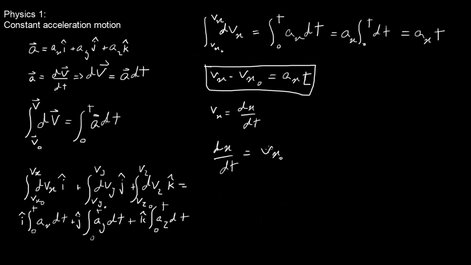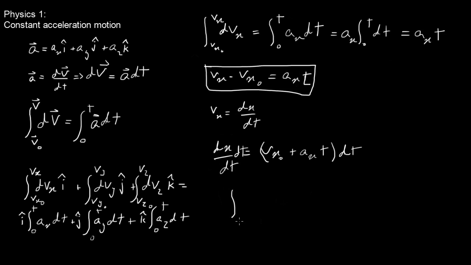It's the x component of the velocity of the object at time 0. That's why I have a naught. Now I multiply all sides by dt, then these two cancel out.